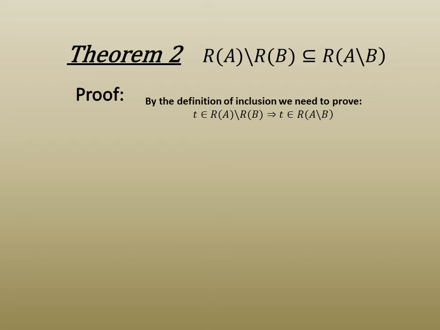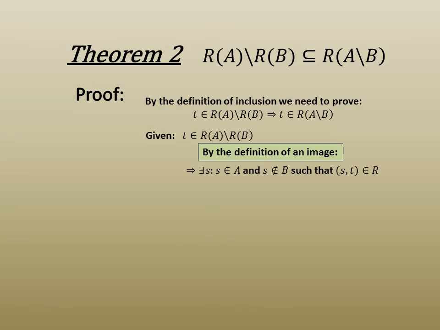By the definition of the subset or inclusion relation, we need to prove that if an element belongs to the set on the left, this implies it belongs to the set on the right. Given the statement on the left, we recognize that R of A slash R of B is an image, so by definition there exists an S belonging to A and not belonging to B, such that S is in relation R to T.